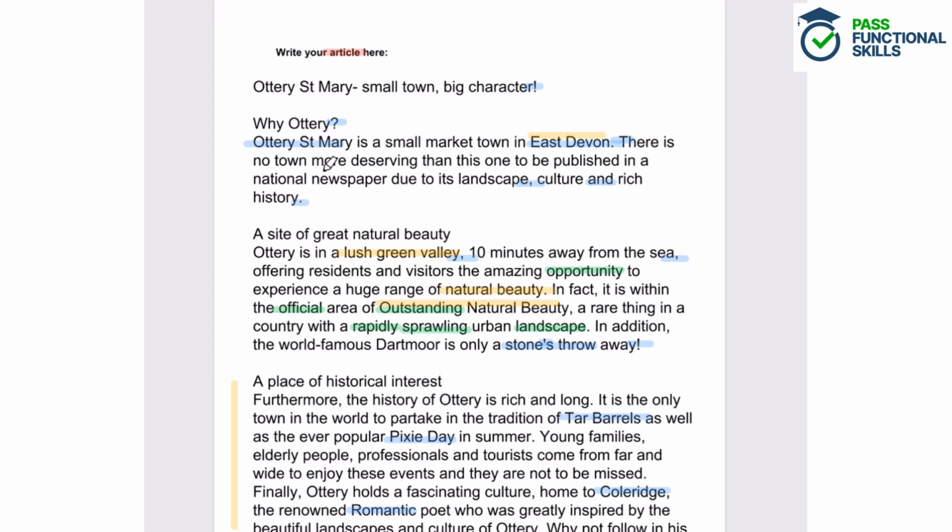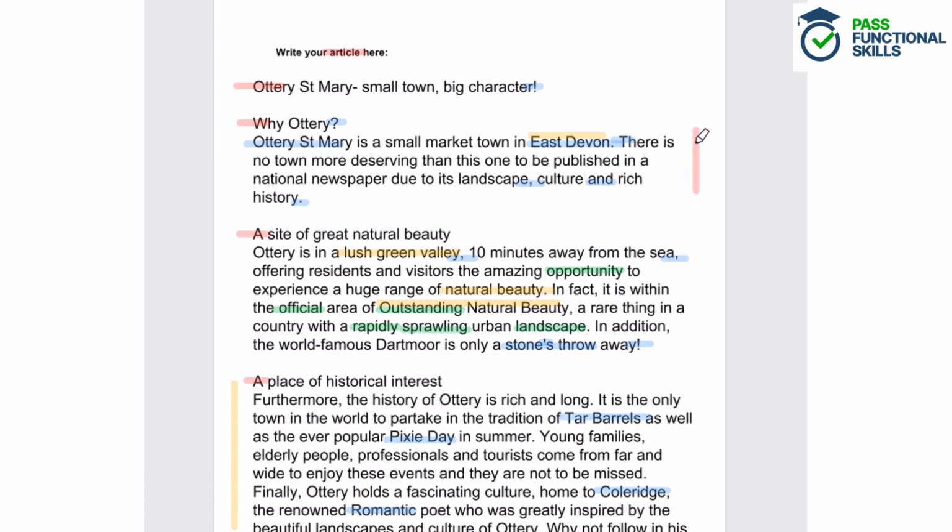What does this mean? Well, we need to include a heading for an article, and we will also want to be including subheadings to break up the text. We also want to use paragraphs no matter what text type we're writing, so every single answer should be broken up into paragraphs.